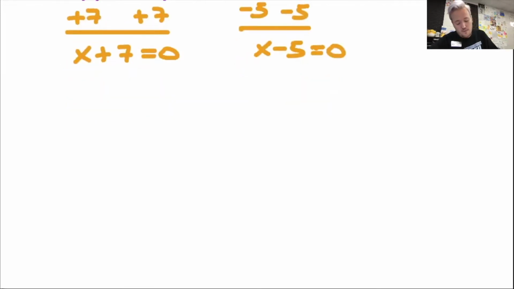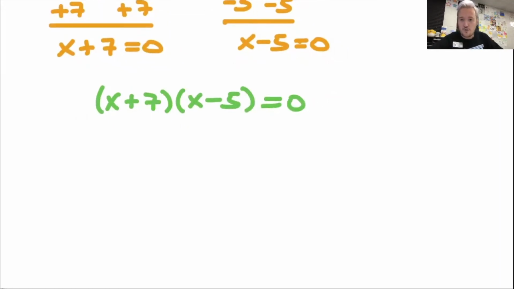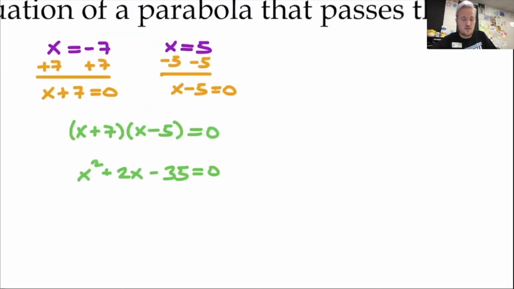Now I'm going to multiply both of these binomials together. Once again, you can do FOIL or you can do box method. It doesn't matter which one you do. You should get the same thing. You're going to get x squared plus 2x minus 35. That's going to equal 0.